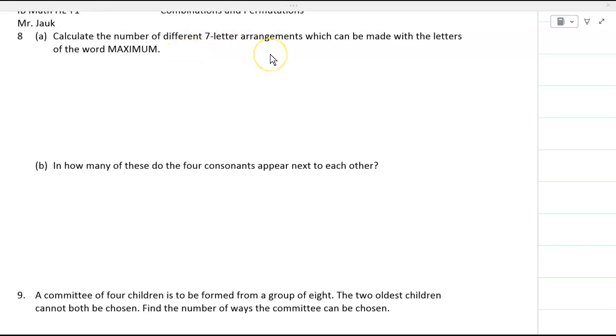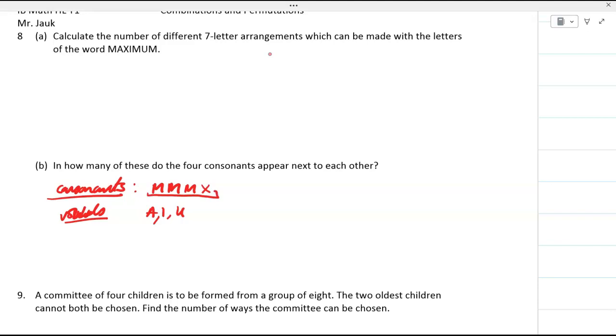So how many consonants are there? 4: M, M, M, X. Vowels, how many are there? 3: A, I, U. Now, the consonants have to appear next to each other.